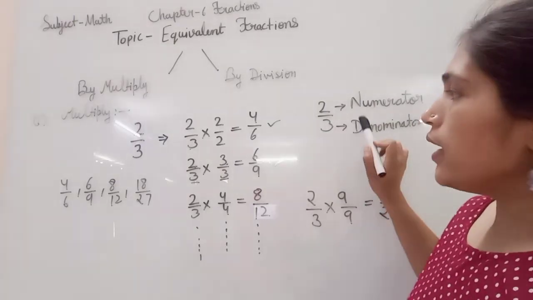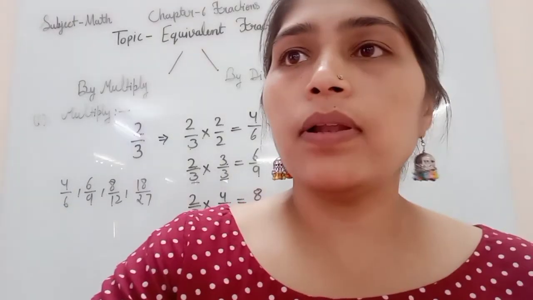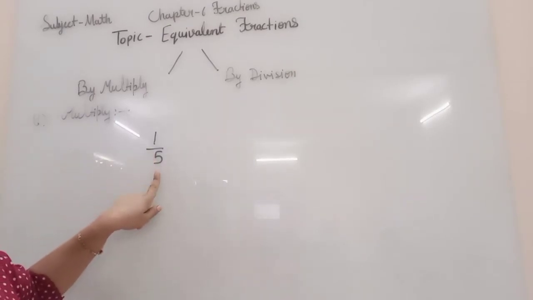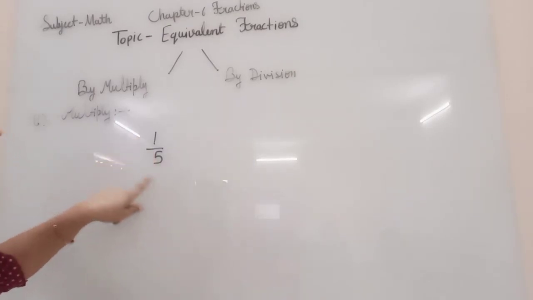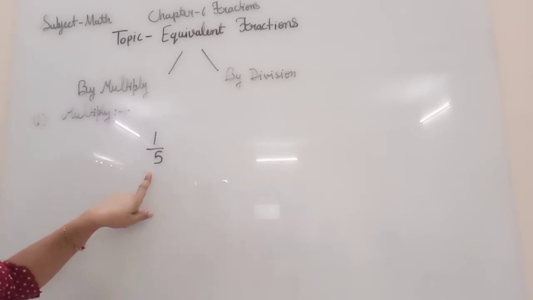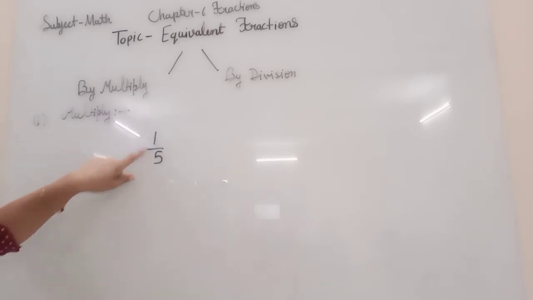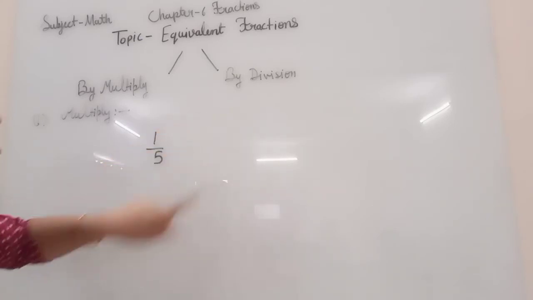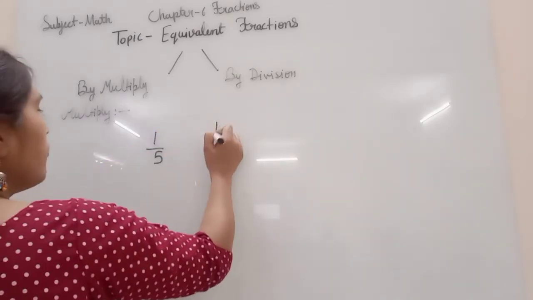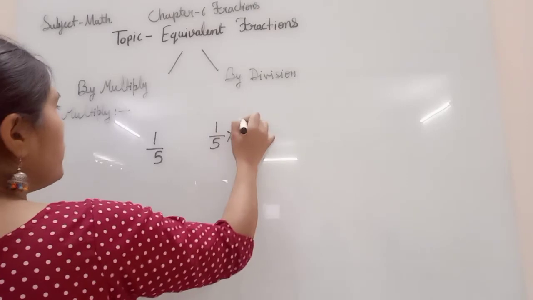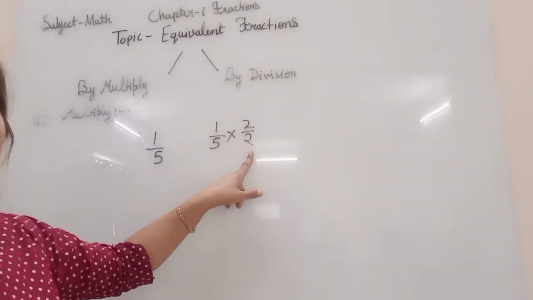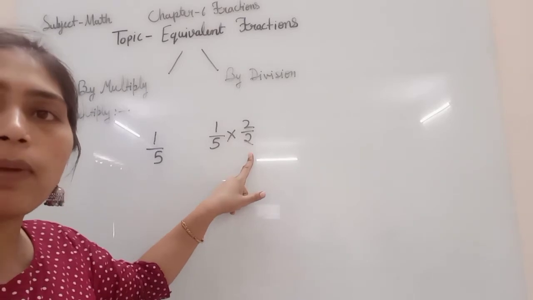If I take the next example, we have to find 4 equivalent fractions for 1 by 5. You can multiply this 1 by 5 with any number, on both sides, upside and downside. I am taking a small number because it's easy to multiply with a small number.